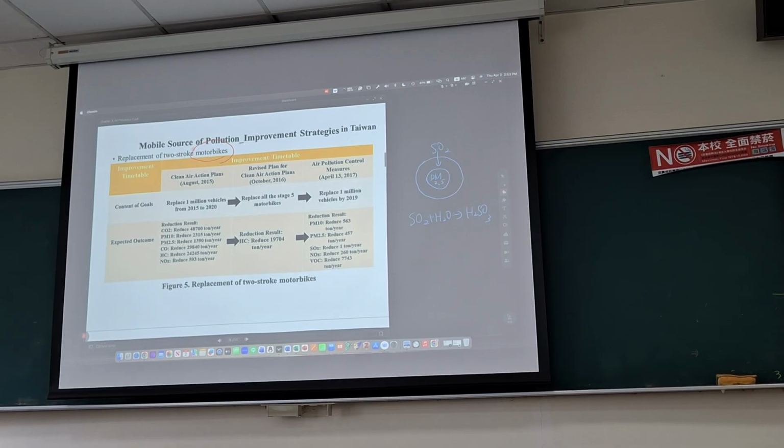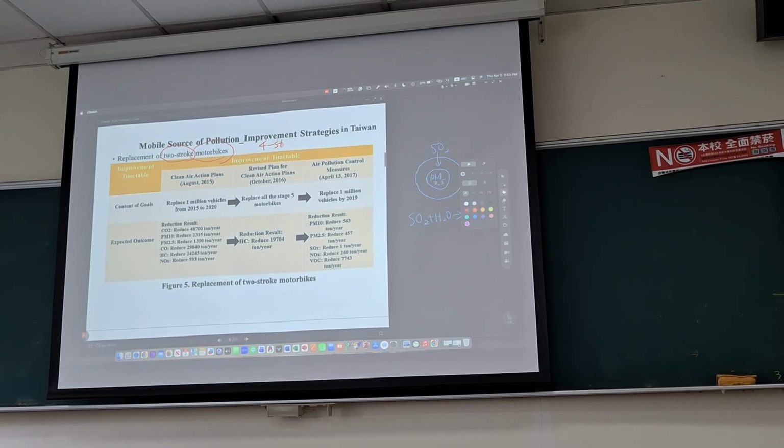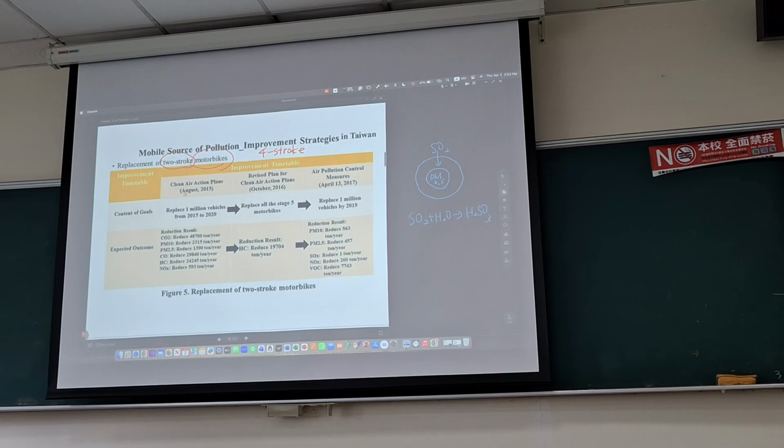Previously there were two kinds of motorbike: one is called 2-stroke, the other is called 4-stroke. Students, you may say, I don't care about 2-stroke, 4-stroke. What you need to know is 2-stroke is more polluting and 4-stroke is less polluting. That's what you need to know.